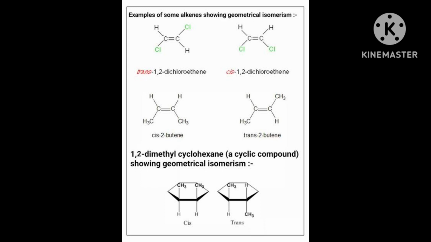Optical isomers behave differently with light; they have a difference in behavior with light, optics. That's why it is called optical isomerism, and the isomers are called optical isomers.